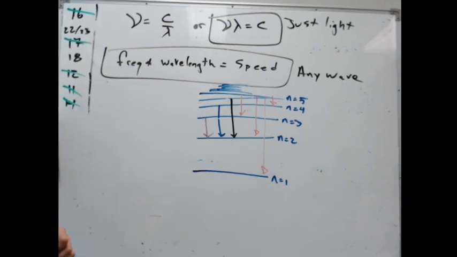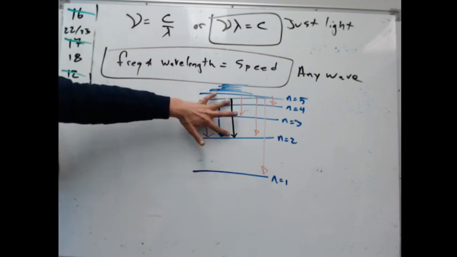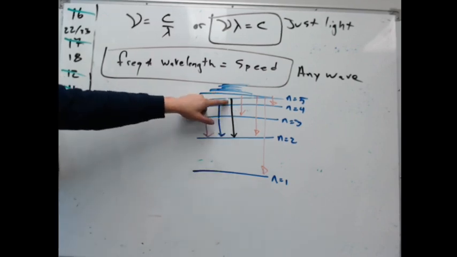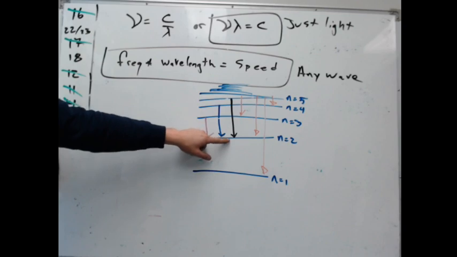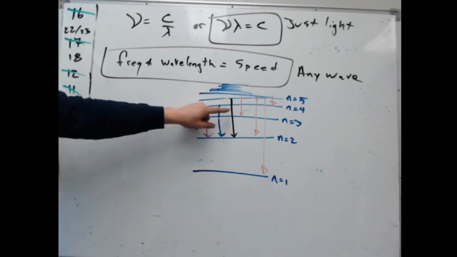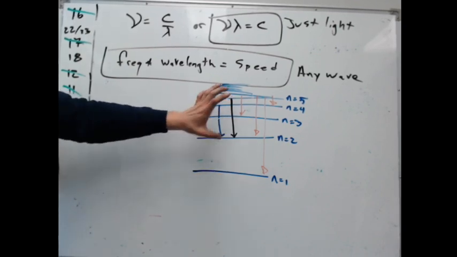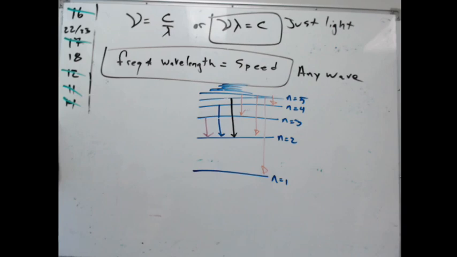Now, you can get into some interesting debates about whether it's a single photon or a multiphoton process, but we're just jumping. So this n equals 5 to n equals 2 transition would skip over 4 and 3, and you just have to do the difference between 5 and 2. Is that more what you were thinking about? Sort of. Okay.